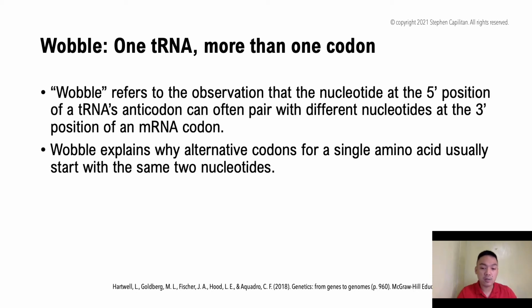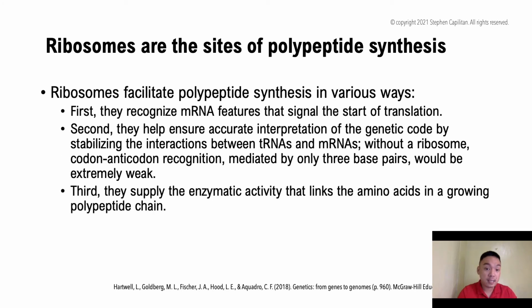in the translation process. Let's talk about the organelles or subcellular structures in your cell that are the sites of polypeptide synthesis, or the ribosomes. The ribosomes facilitate polypeptide synthesis in different ways. First, they recognize mRNA features that signal the start of translation.